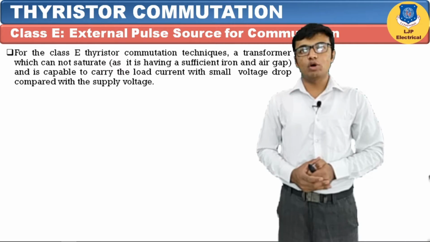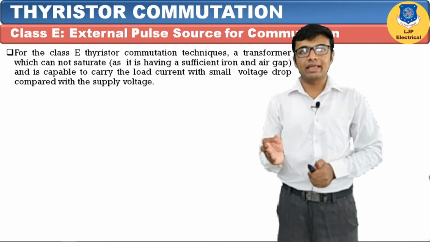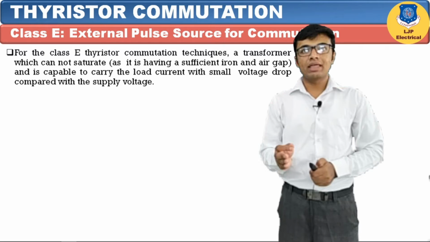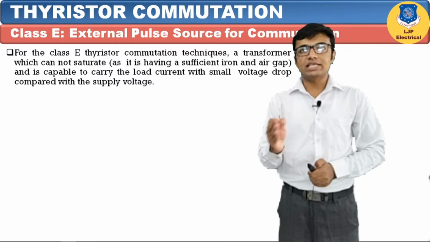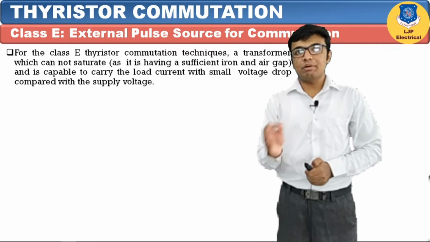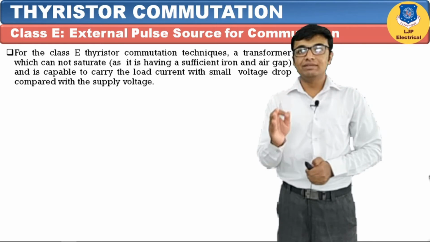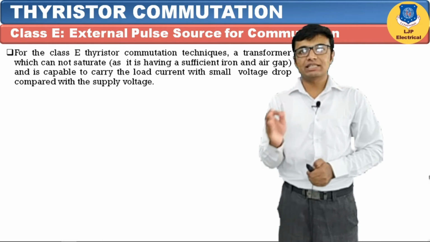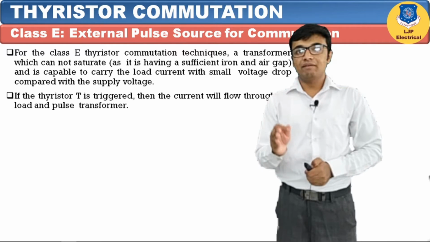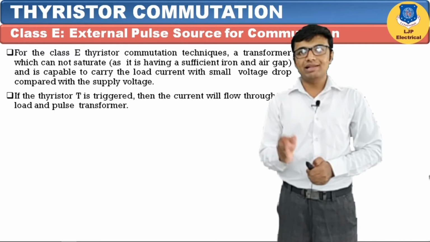Let's see class E commutation, which is external pulse commutation. In this commutation technique, one transformer is used which cannot saturate, as it has sufficient iron and air gap, and is capable of carrying the load current with a small voltage drop compared with the supply voltage. If the thyristor T is triggered, then the current will flow through the load and pulse transformer.